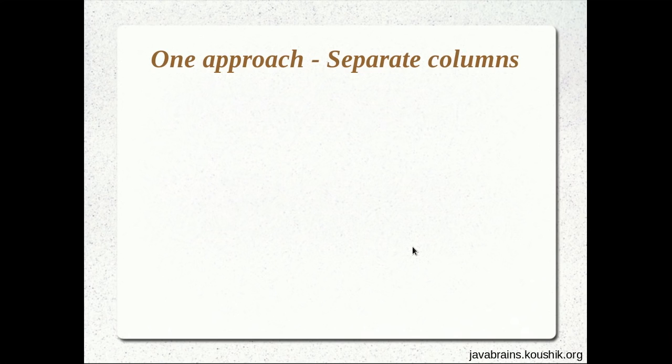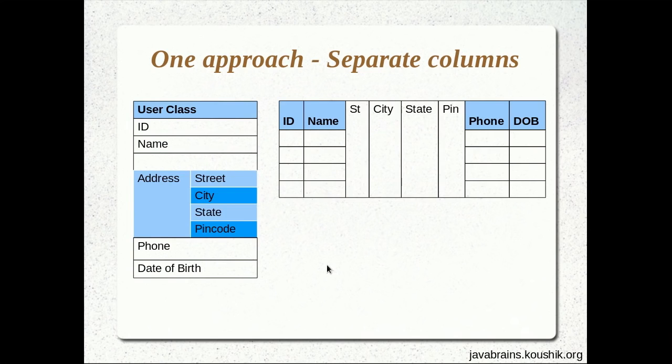So what we are essentially saying is to have separate columns and have street as a column, city as a column, state as a column, and a pin as a column. So it's almost as if these member variables are member variables of the user class, and it's not like there's another object and the member variables are of that object. It's almost as if it's just one class and all these are flat member variables. That's how we're going to represent this.